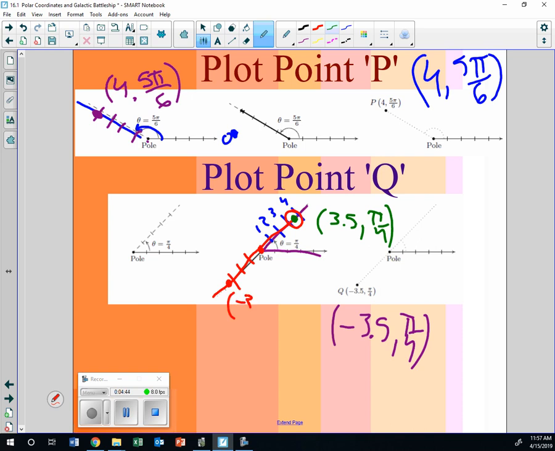This is negative 3.5 comma pi over 4. So you just go out to pi over 4, and then you go opposite. Could you do a negative 3.5, negative pi over 4? Yeah, you could do that too. And that's it.